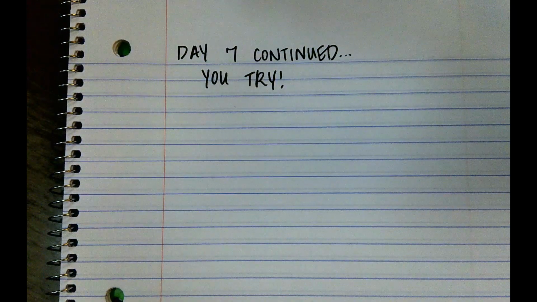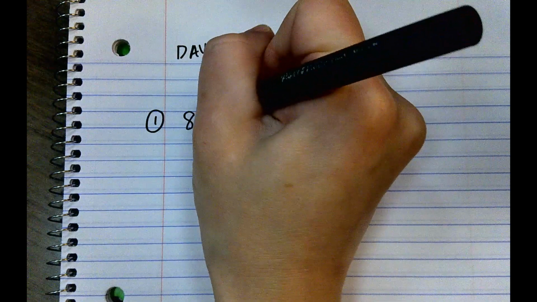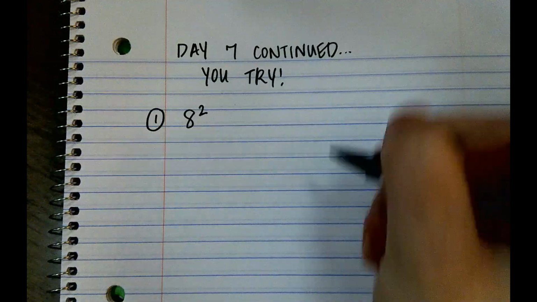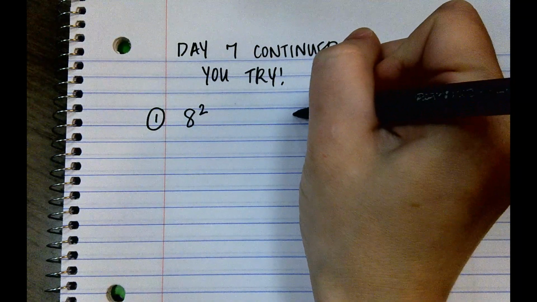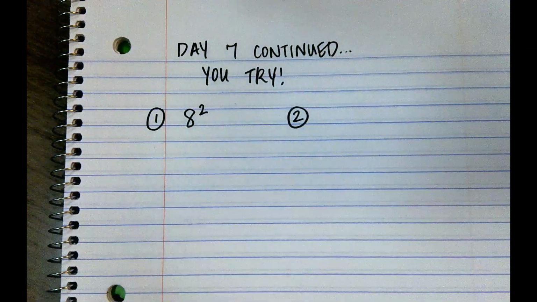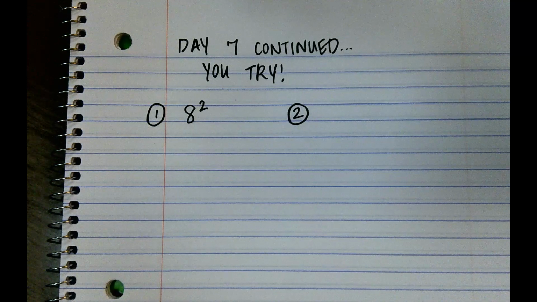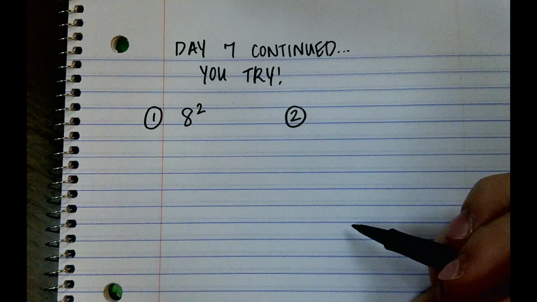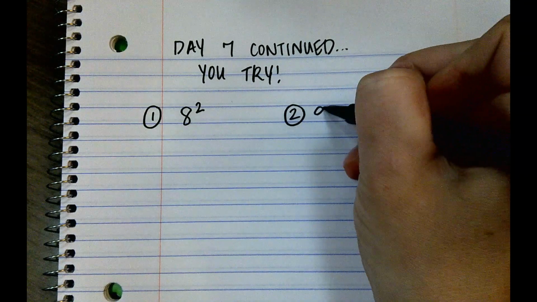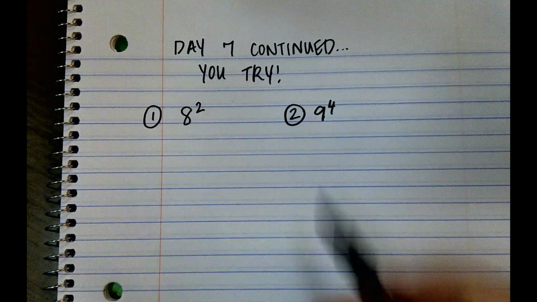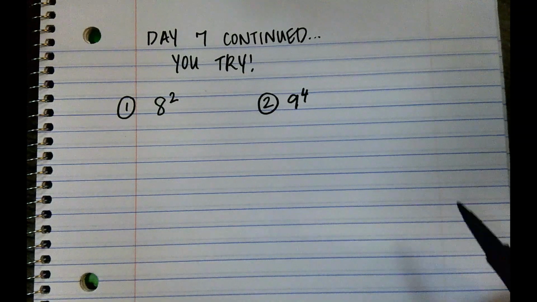So I'm gonna give you the first one: 8 to the second power. You guys are going to try these on your own, on your paper. We'll go through the answers in a few minutes here, but I want you to try them on your own first. Then I have 9 to the fourth power.